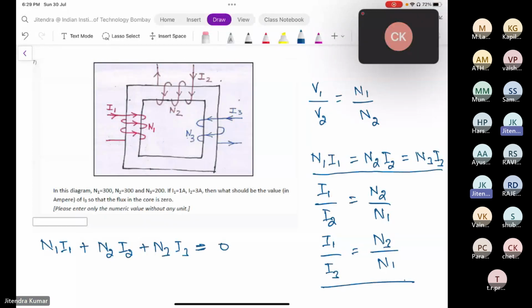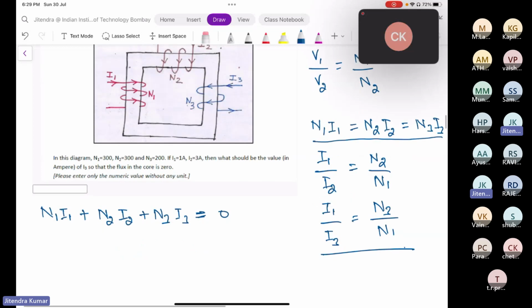It is just like KVL you must have applied in a closed loop; it should be equal to 0. And here also the summation of MMF of all the terms should come out to be 0. So we have N1 which is 300 into I1 which is given as 1 ampere, plus N2 is 300 and I2 is 3 ampere, plus N3 is 200 into I3, which is not given and which we need to find out.